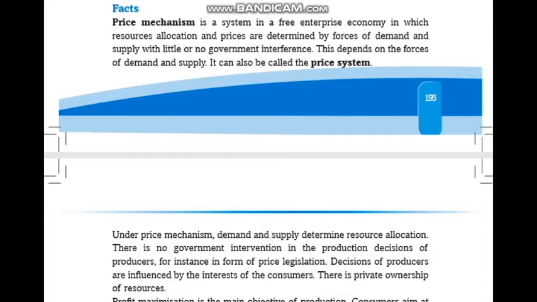This depends on the forces of demand and supply. It can also be called the price system. It's how the price allocates the resources, or price is determined by forces of demand and supply.